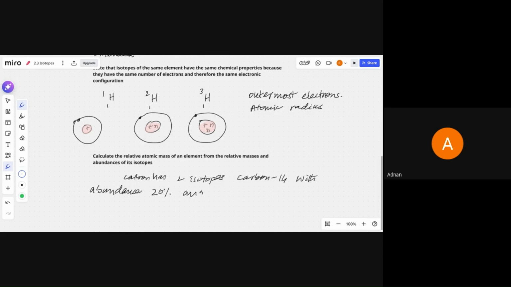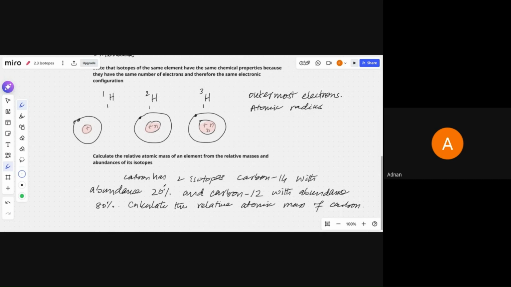And carbon 12, another isotope with atomic mass 12, with abundance 80%. Calculate the relative atomic mass of carbon.